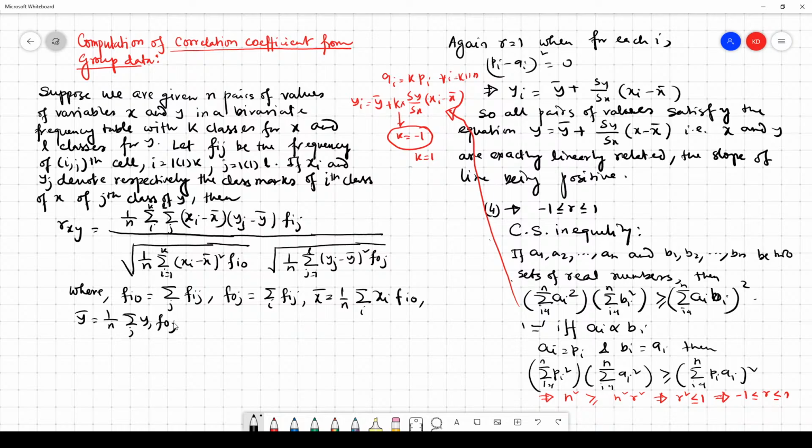Now, to reduce the labor of the computation, or for ease of computation, we make a change of origin and scale for both x and y.